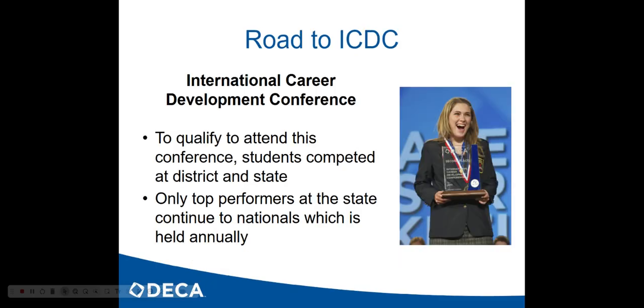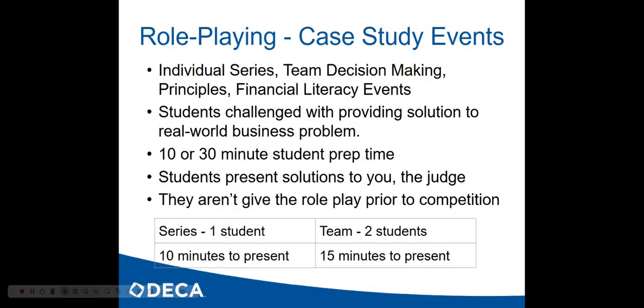Students who are competing today are trying to make their way to our state conference, or maybe we're at state conference and they're trying to ultimately get to our national competition, which is typically called ICDC, International Career Development Conference. Our top performers are trying to continue on to that competition.